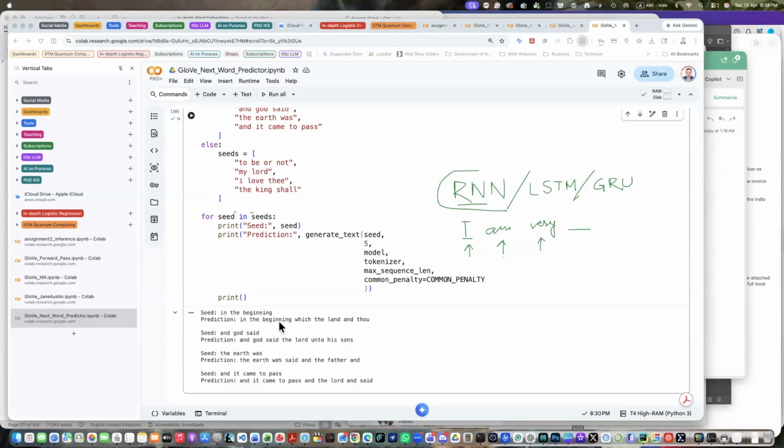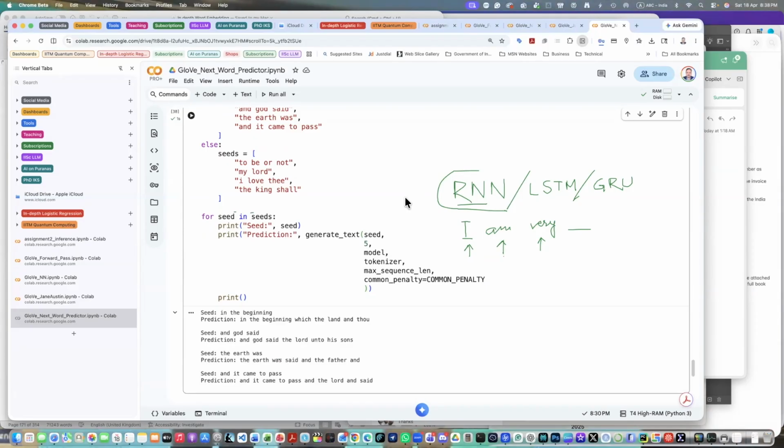After these two problems, we will see how we can make something better, because after the embeddings we have to make a sequence model. RNNs and LSTMs are basically sequence models. Only when we have a strong sequence model will we be able to make a strong application.